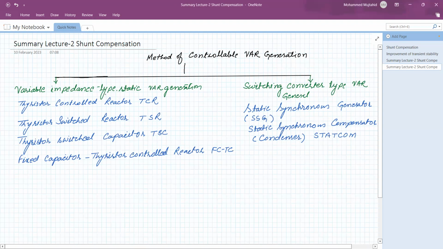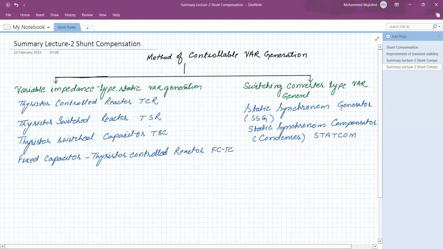One is the variable impedance type static VAR generation, where the impedance of the inductor and capacitor is varied with the help of thyristor control, thyristor switch, and their combination. Therefore, the classification becomes thyristor controlled reactor, thyristor switched reactor (TSR), and thyristor switched capacitor.